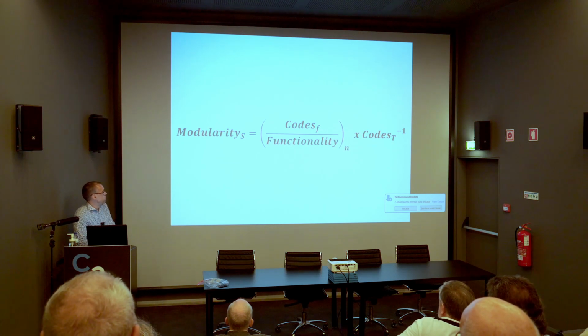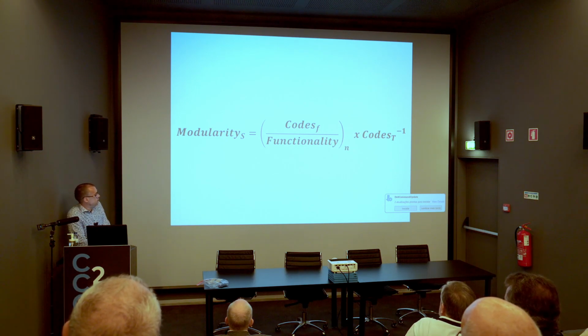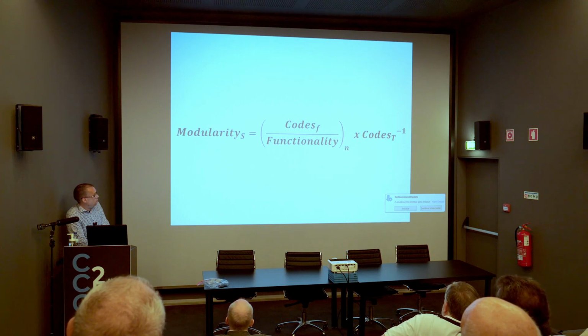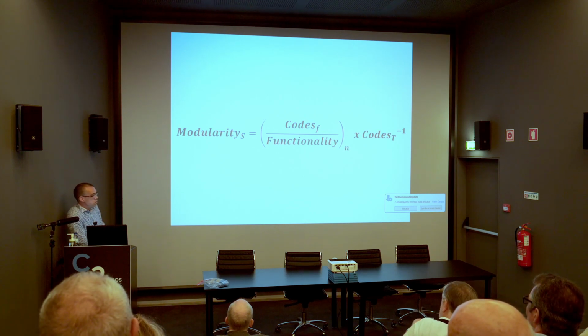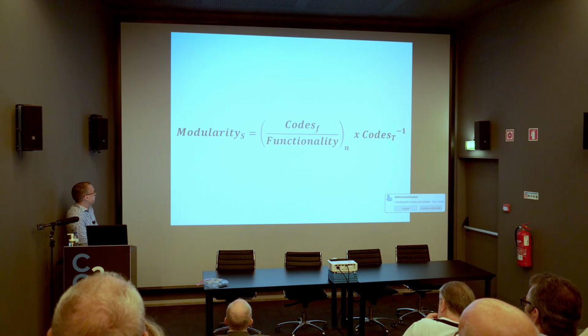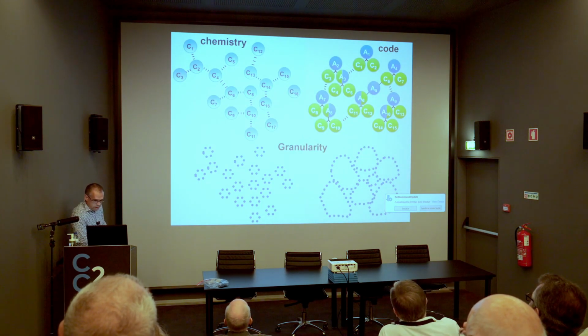The simple measure would be the number of codes per functionality divided by the total number of codes of a system. So maybe a cell has 100 modules, 200 modules. This is indicated with the N. And then you have the overall number of codes in a cell. And then you get a unitless measure of the modularity of a system. This is the ultimate goal.